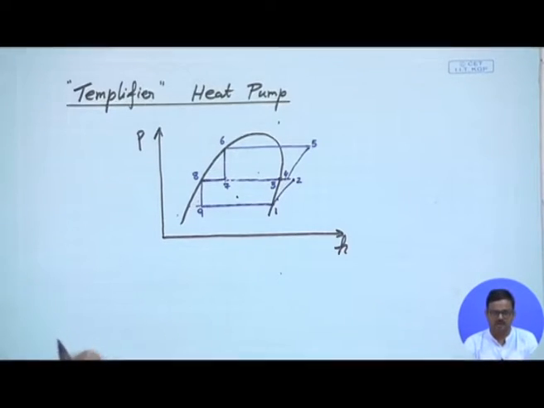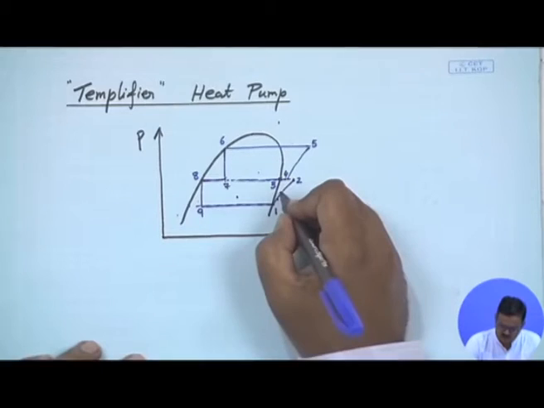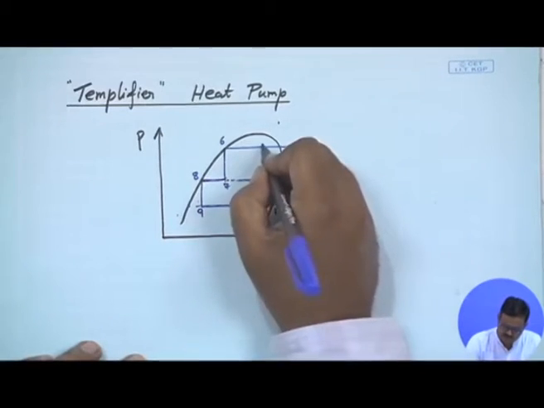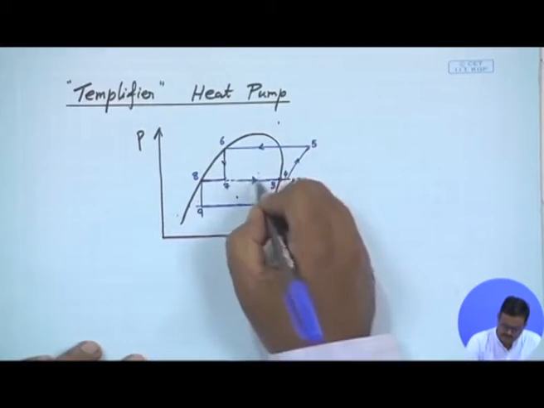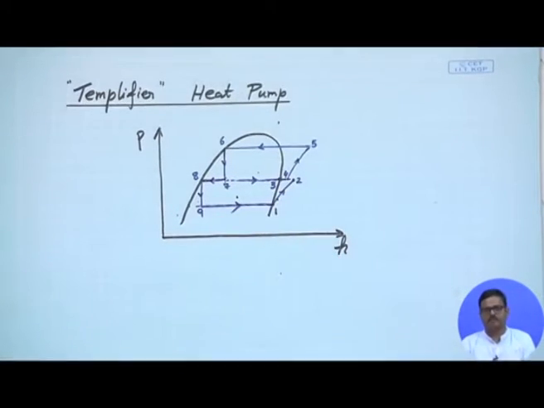Clear? So, this is how what we are seeing is the Templifier unit represented on a pH diagram. Let us put the arrows. Okay. So, this is the cycle or the refrigerant cycle which is going through this, all right.